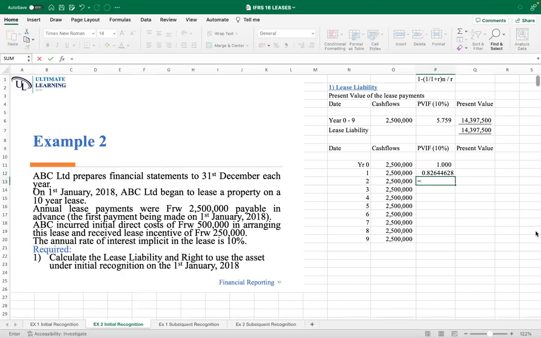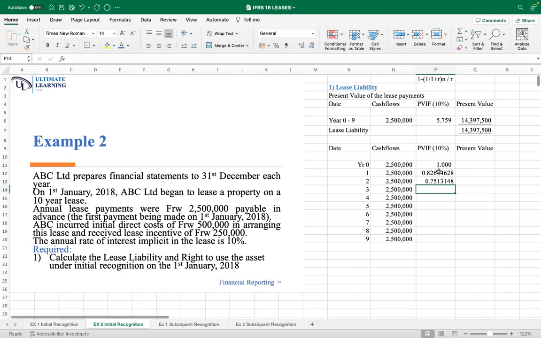The third one is 1 divided by 1.1 raised to power 2. Sorry, I mixed up the powers. Actually, I have mastered this offhand. It's just that I don't want to write what I've always mastered, present value tables for 5%, 10%, and 20%. But I'm just going the long way.